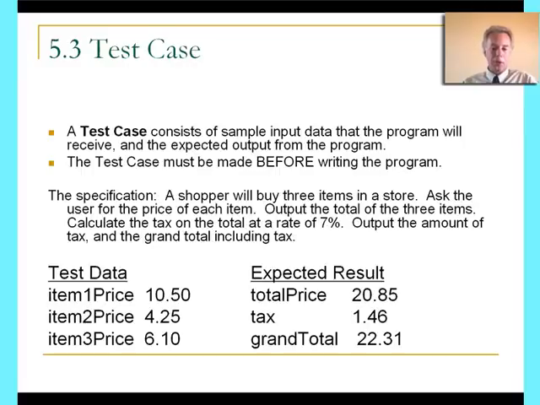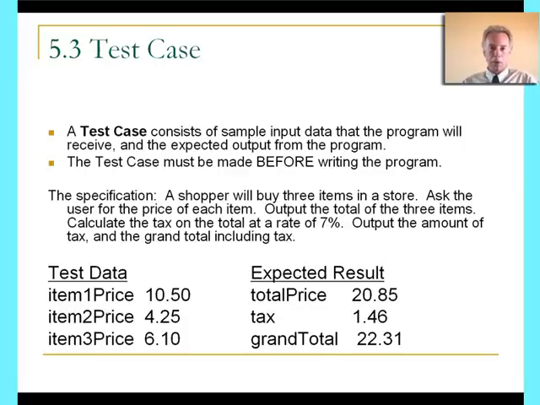So again, we have the specification copied onto this page so that we can look at it. And the test data is the data that the user will input into the program. So for one run of this program, the user might enter 10.5, 4.25, and 6.1 as the 3 prices of the items.